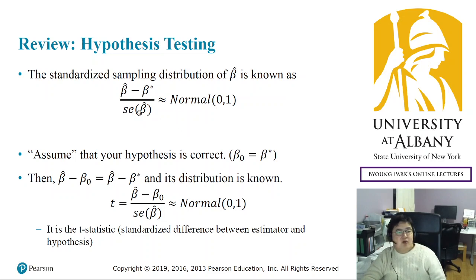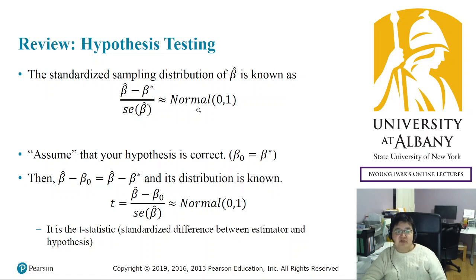As I said, we are going to use the sampling distribution of the error. So remember, the numerator, beta hat minus beta star, is the estimation error. And if you standardize the estimation error by its standard error, so estimation error divided by the standard error, it is approximately normal distribution.